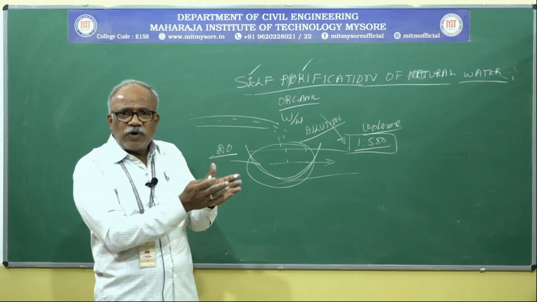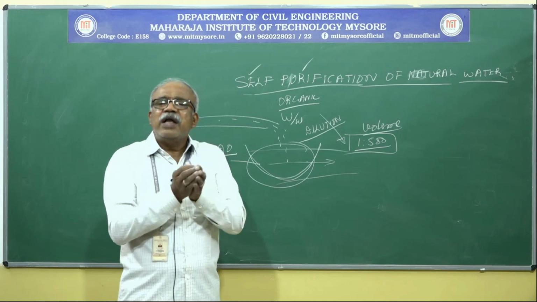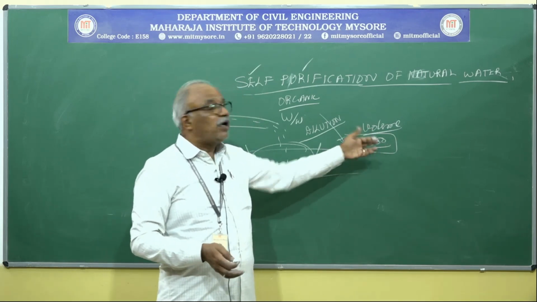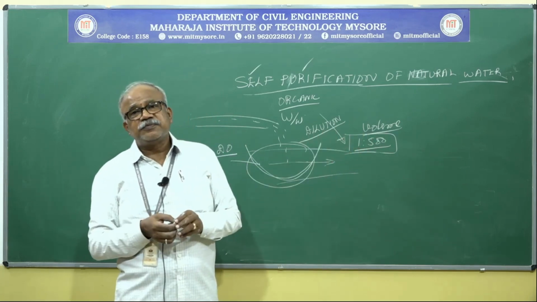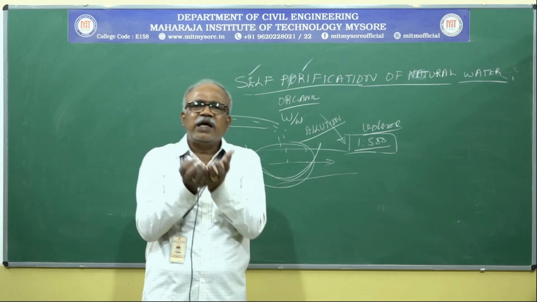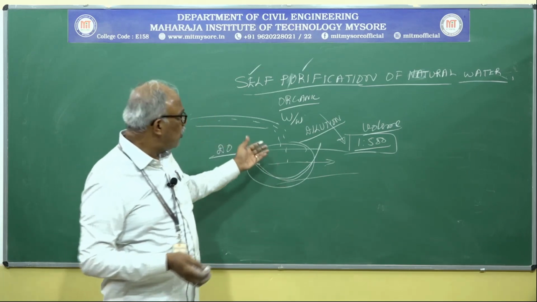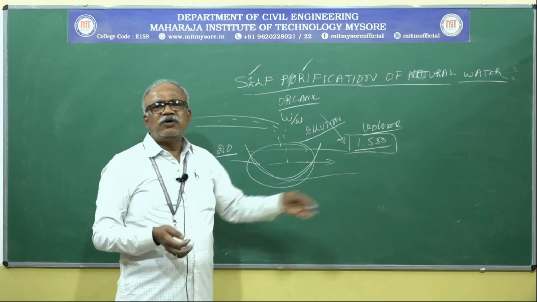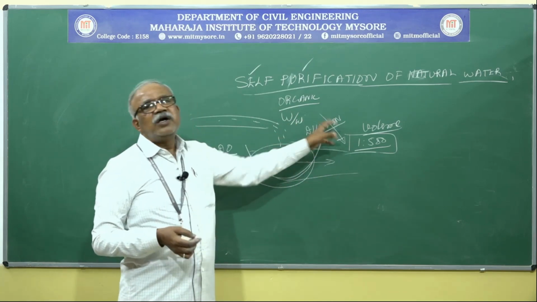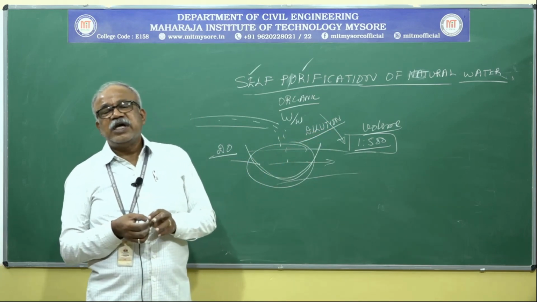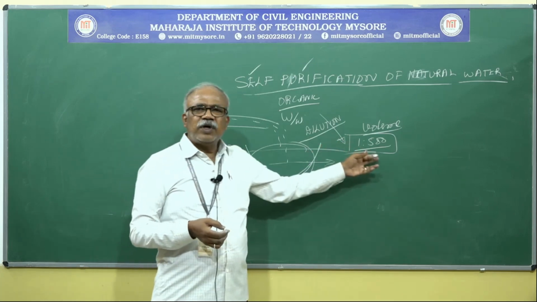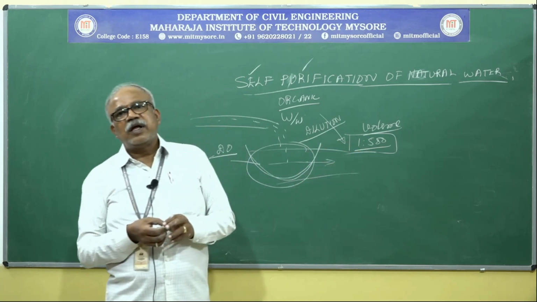One portion of wastewater can be discharged into the natural water body, and the natural water will be more than 500 times in volume. Then only can the natural waters take the load of the wastewater you are discharging. Simply, it is dilution. Then only can we save the aquatic life.